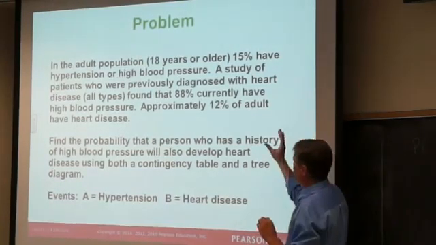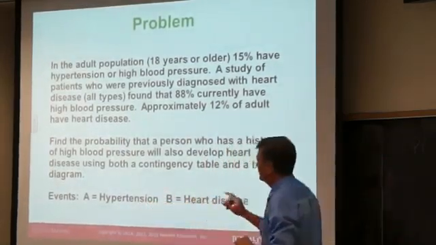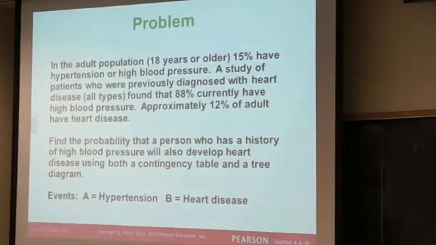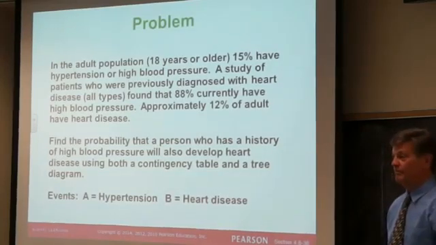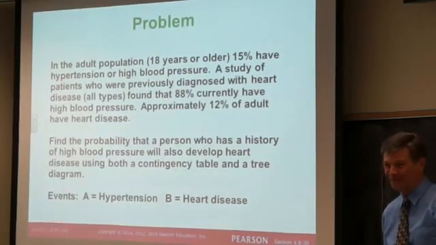Hypertension or high blood pressure, it's the same event. So it's P of A equals 0.15. I see some mystified faces. Was that obvious? No?